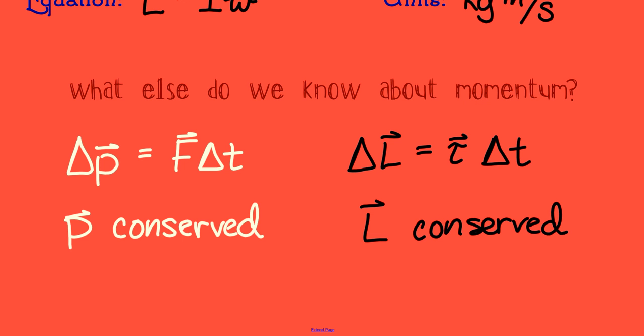While we don't use the angular momentum impulse theorem a whole lot, we do use this conservation of momentum theorem quite a bit. We'll focus on calculating angular momentum and using this conservation of angular momentum theorem in some example problems. Let's look at one of those example problems now.